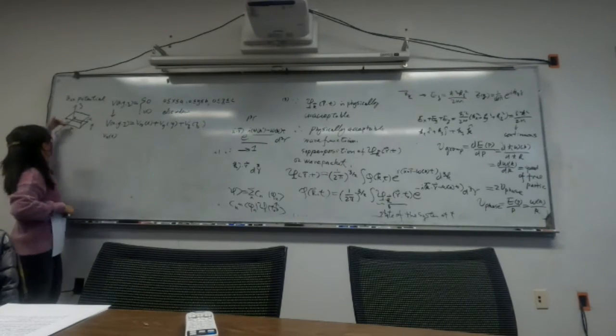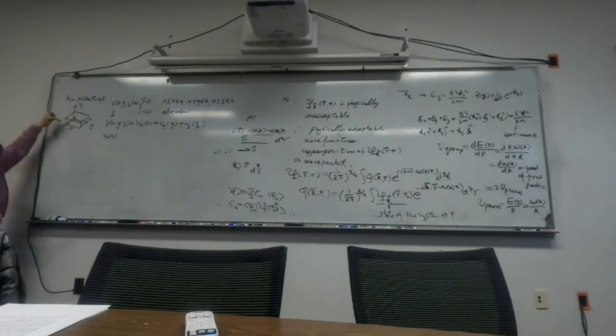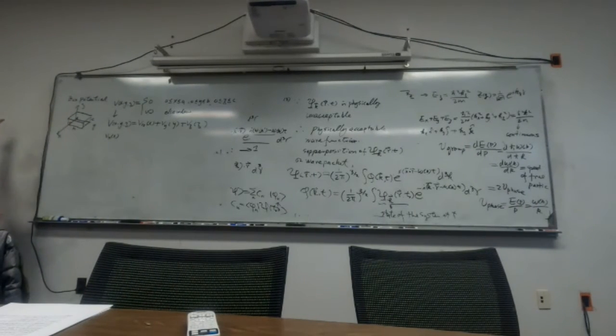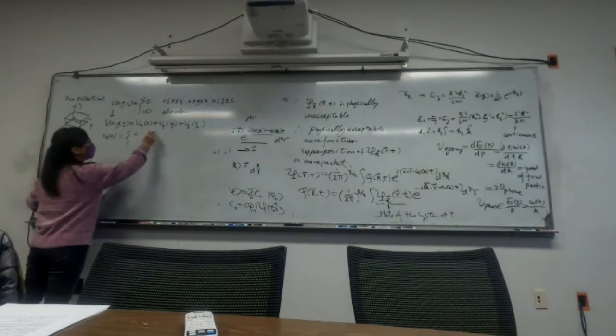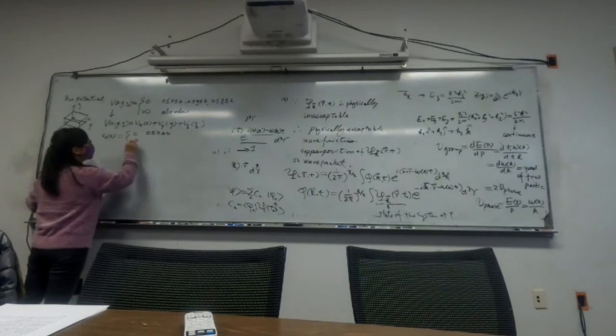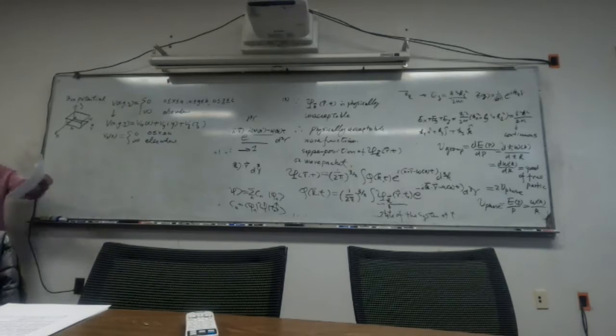Along the x direction the potential is 0 only when x is between 0 and a. Otherwise infinite, right? Else, infinite.